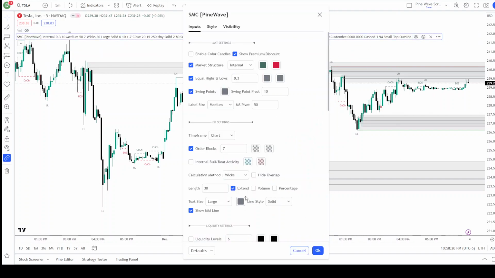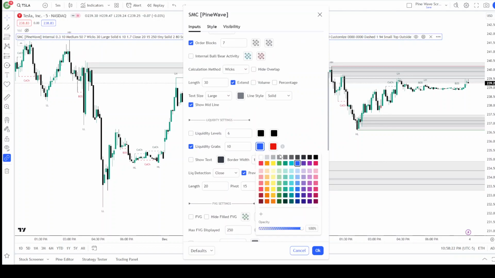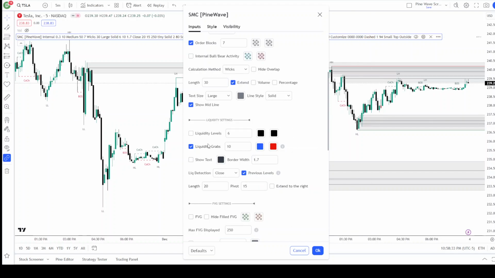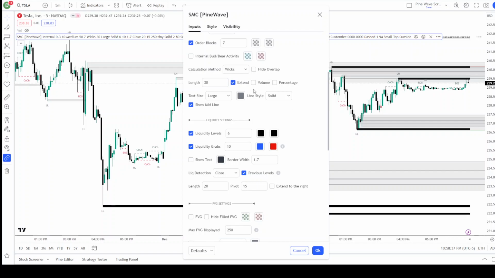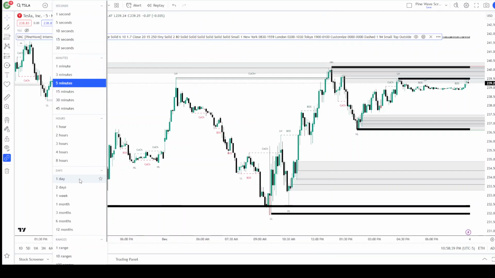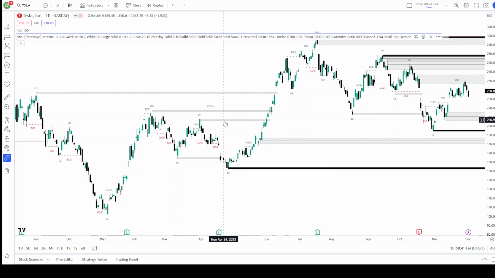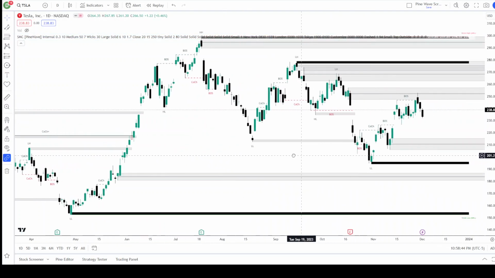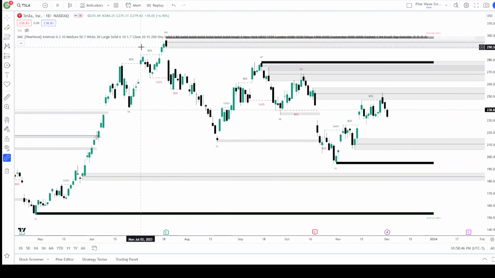All right, so let's change these colors to see if we can see them better. Nope. All right, so I don't see anything on the liquidity grab. Let's go to the liquidity levels and see if we add them both, if it does anything. So I don't see anything with the liquidity levels, so I'll send AJ a message.